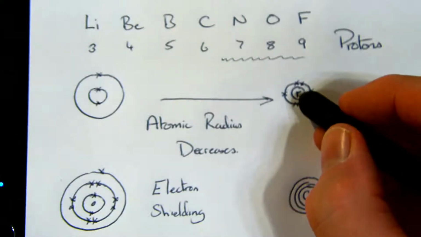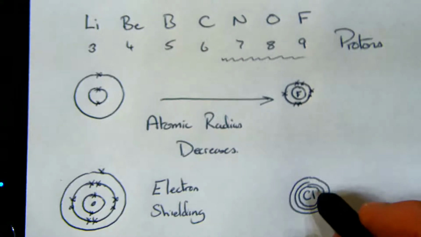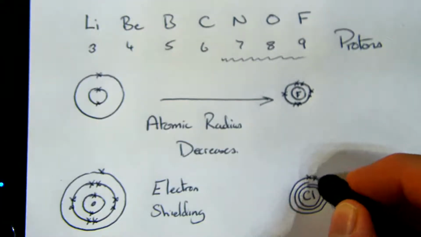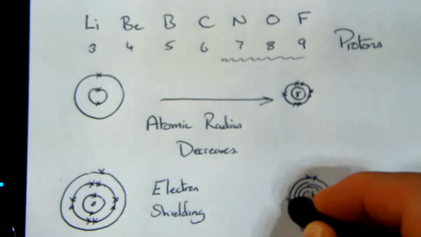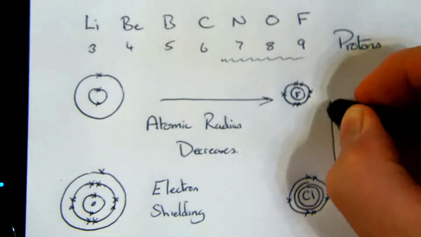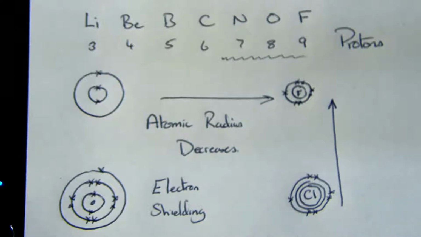This has got so much charge and so many electrons. The chlorine's got more charge, but the electrons are further away. So the fluorine is more reactive than the chlorine, and so on. Well, let's see how this ties in when we look at the properties of the halogens.